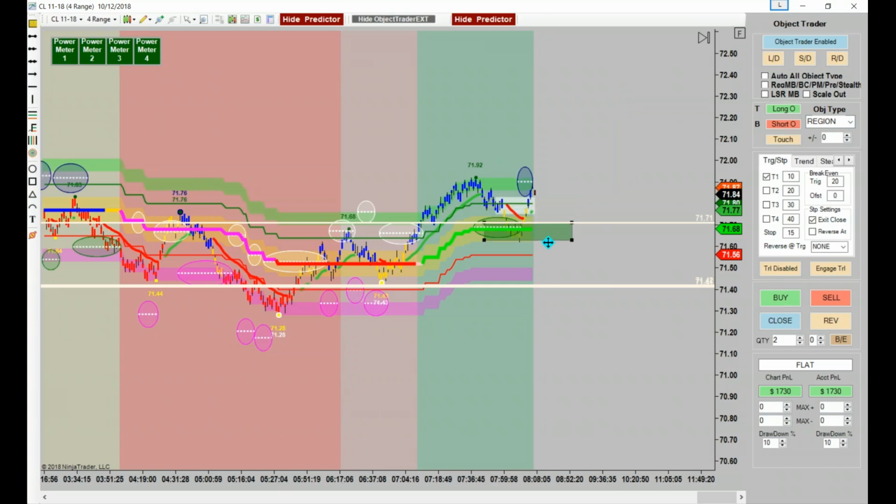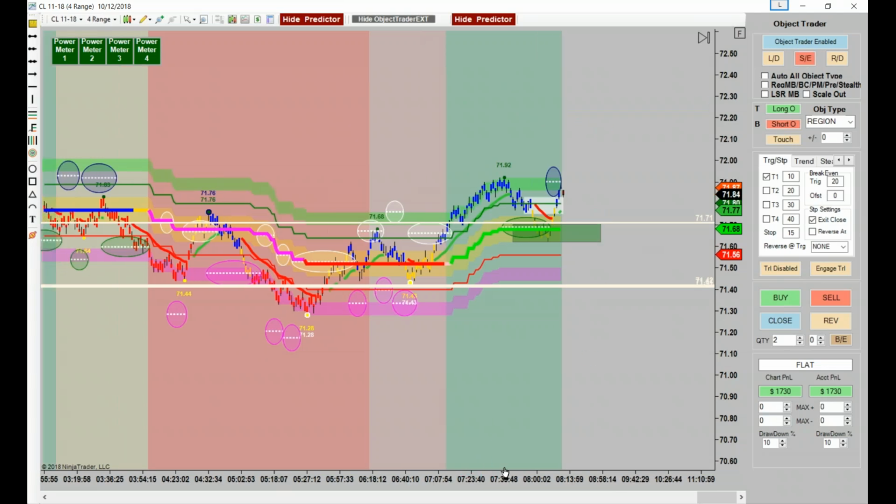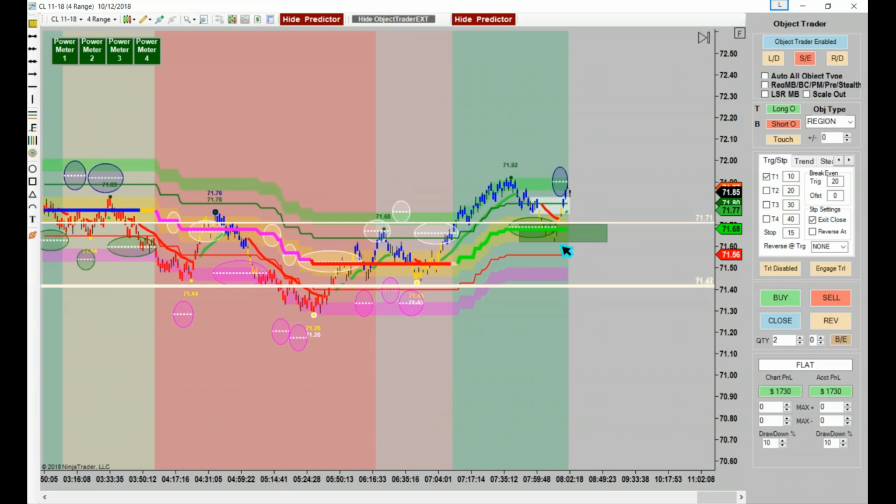But what if you had a box like this and you've already gotten a long, so you just simply left your short on instead, and if it broke support, you'd actually short it, if you happen to get a lower high, that is. So in other words, you'd have a high, a low, lower high, and then it breaks. Could you actually short the trade if something like that happened?